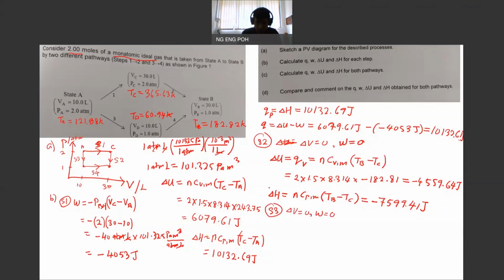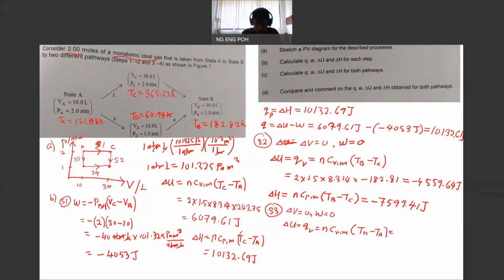So you follow the same. Delta U equals QV equals NCVM times TD minus TA.